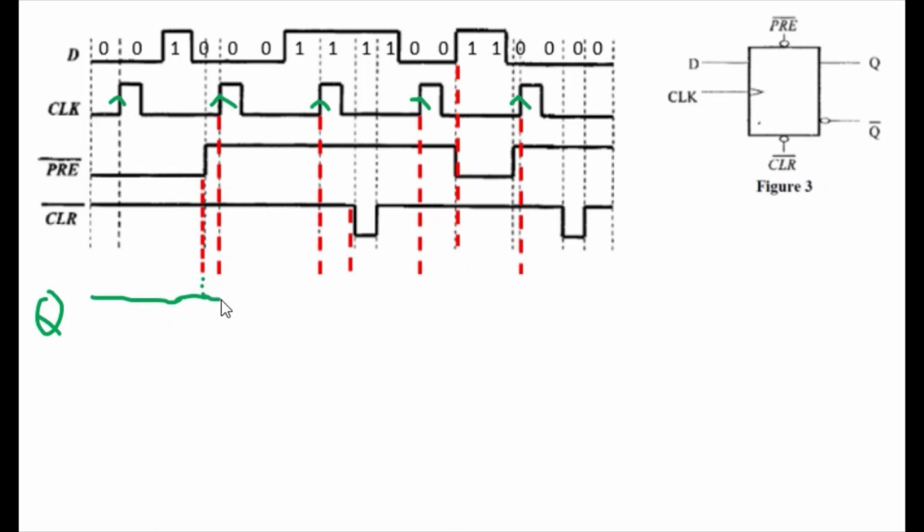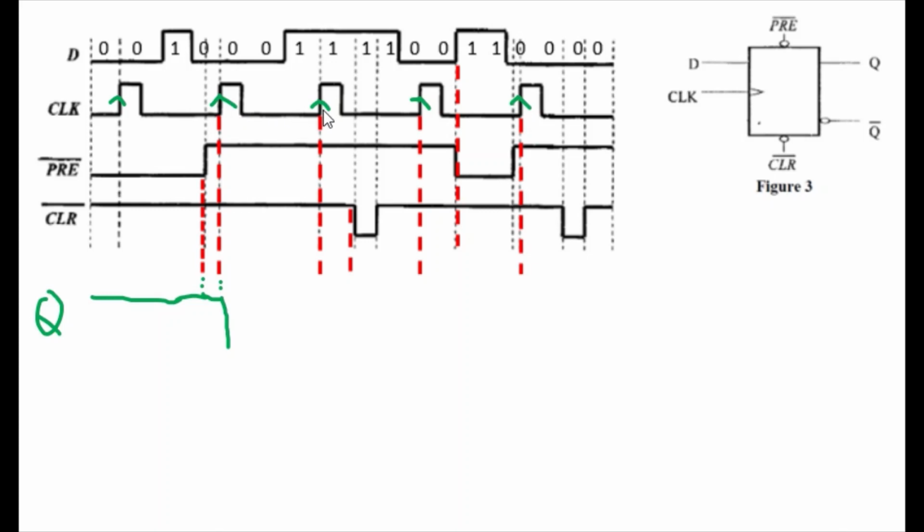Our output gets triggered at the positive edge of the clock. Now we got the positive edge, so at this edge we check the value of D. The value of D is 0, and since it's a delay flip-flop, it follows the input, so Q becomes 0.